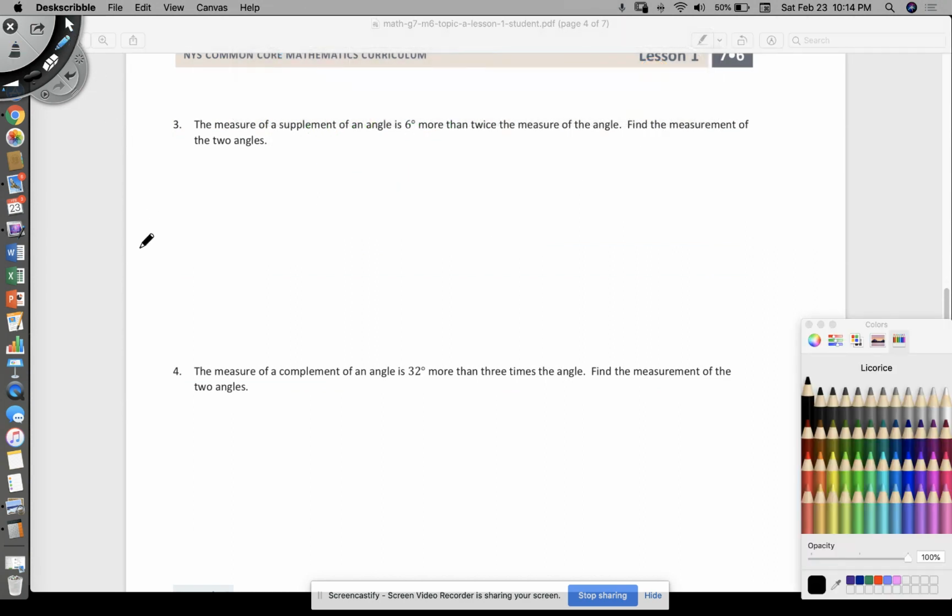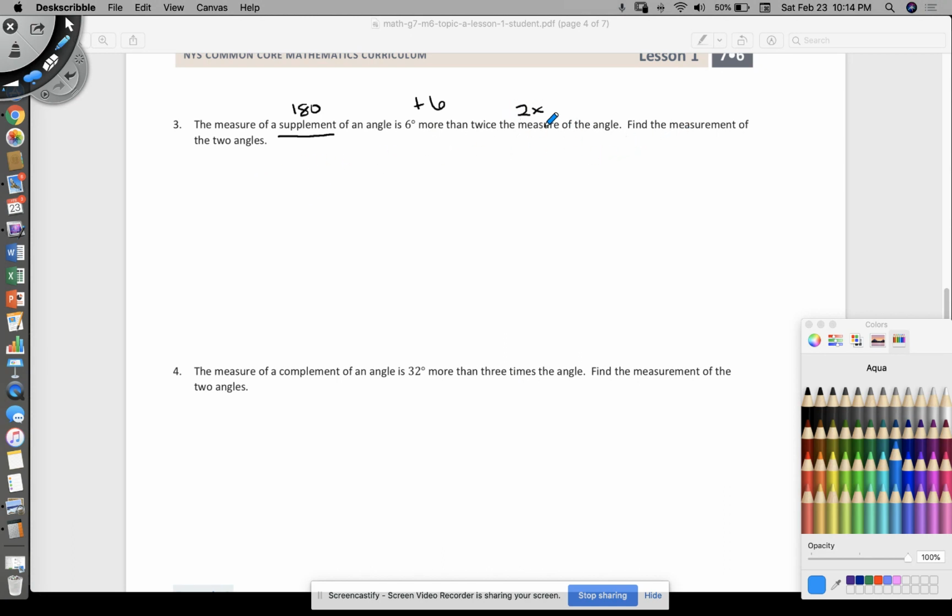The measure of a supplementary angle, supplement meaning it adds to 180, is 6 degrees more than, so we're going to do plus 6 here, twice the measure of an angle. Twice means 2 times. Find the measurement of the two angles. We have two angles.